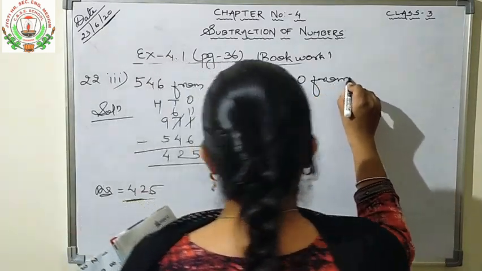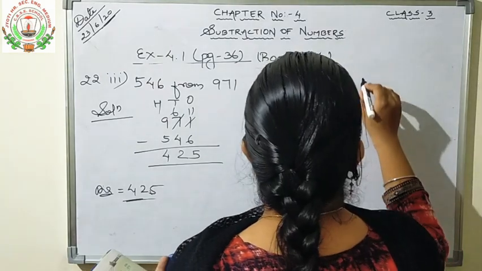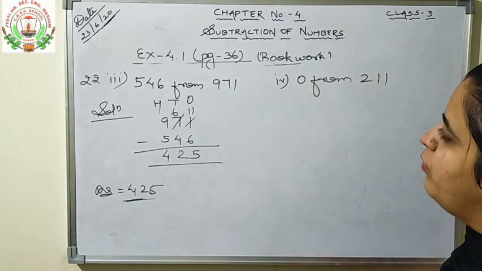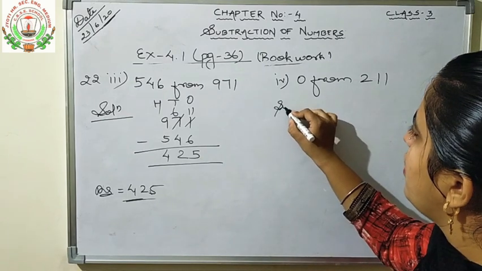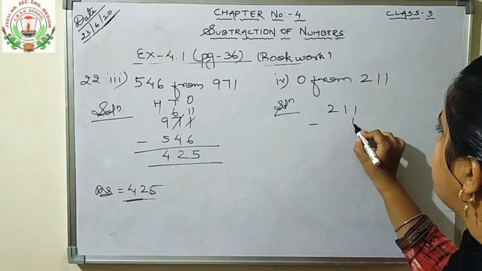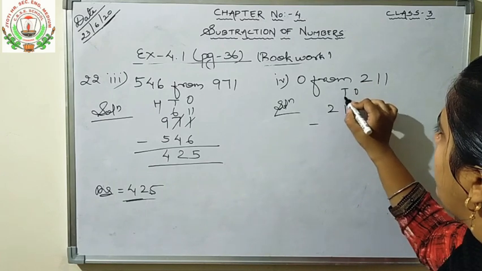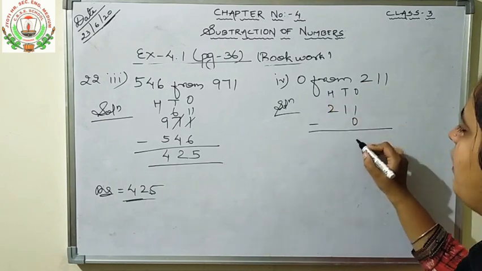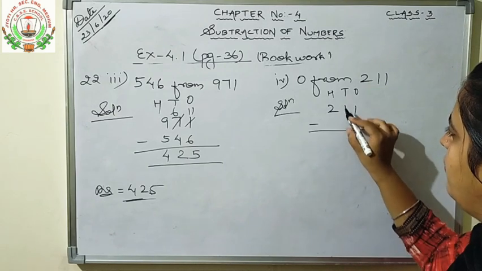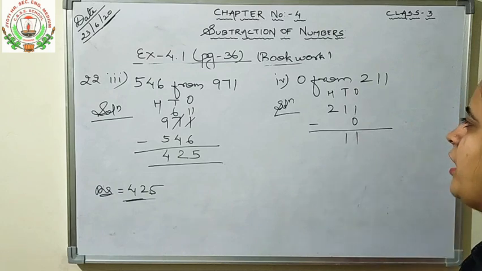Now question number 4 is 0 from 211. We have to subtract 0 from 211. Solution: 211 minus 0. Ones, tens, hundreds. 1 minus 0 is 1. Below 1 no number is there, so we will write 1.